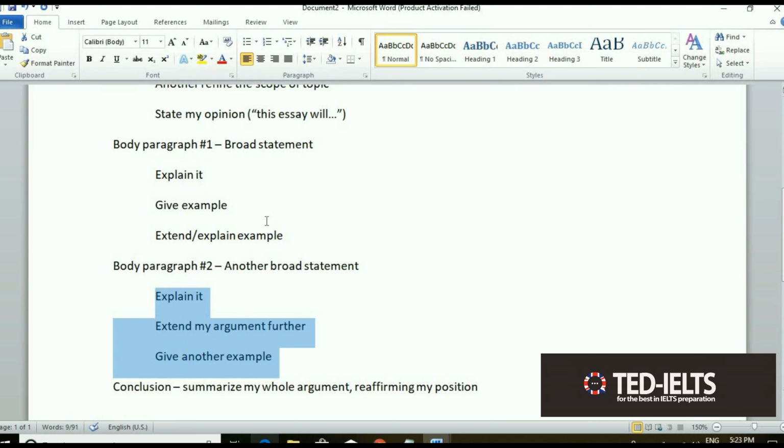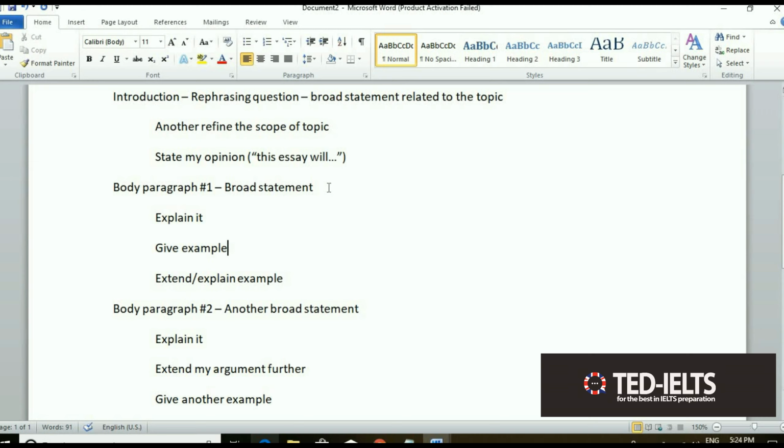You need to think, of course, before you start writing, what you're actually going to be writing about. So for me, my first paragraph, my broad statement, is going to be pointing out that the most popular items are not necessarily practical items.